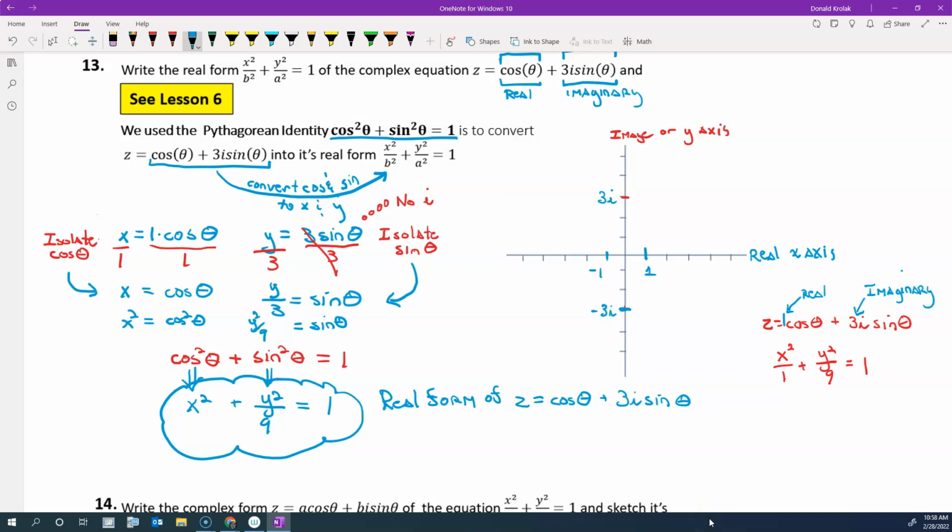If I did it using the real form, we know that 9 is greater than 1, so the larger value tells you that the major axis is y. The larger value is equal to the major axis. In our head, that's really a squared, so a is 3.